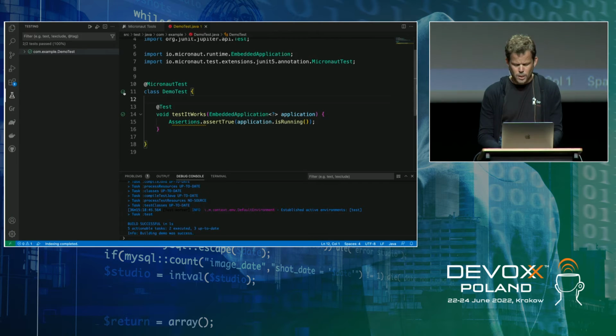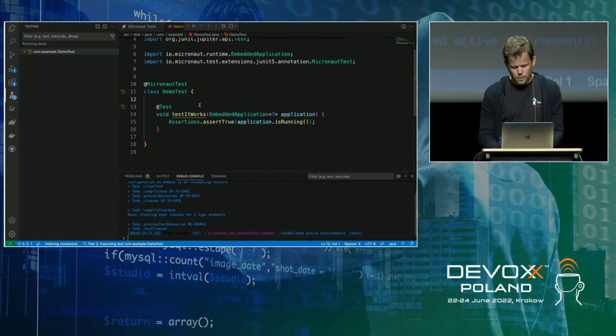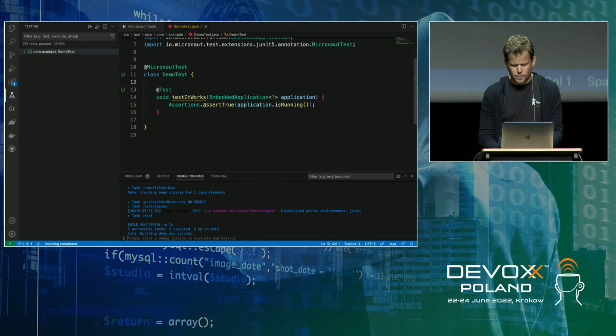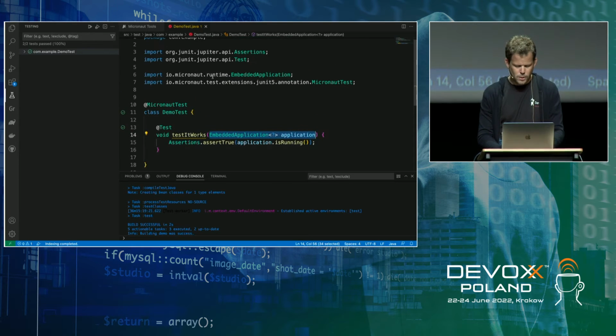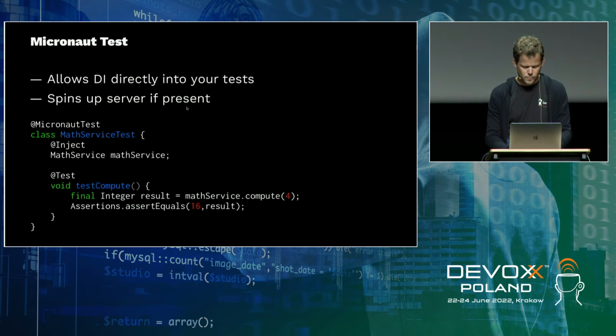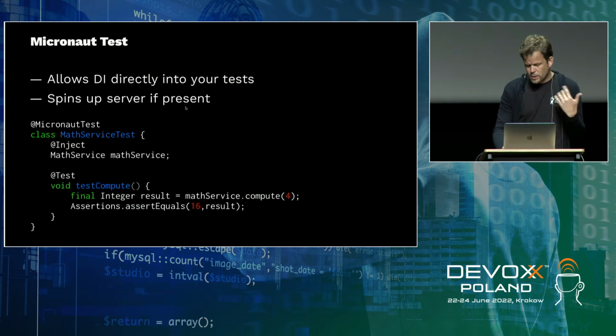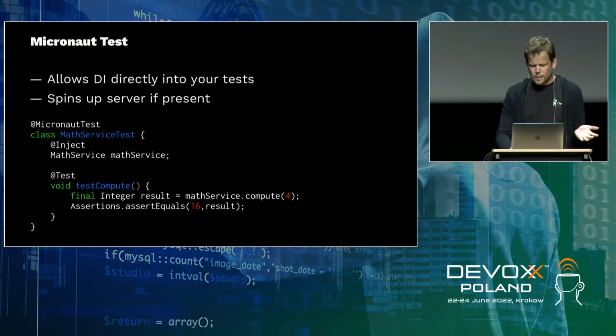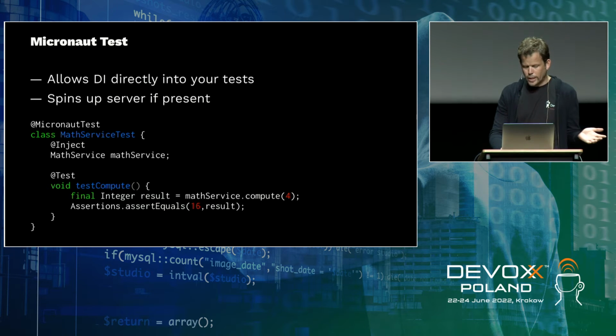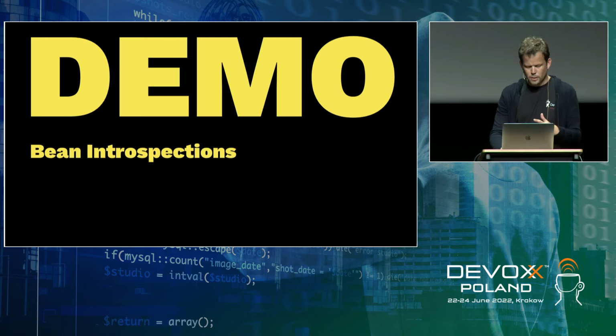That's one thing you can't actually do in Spock, in a JUnit 5 versus Spock comparison. But you can inject components of your application into the test parameters, which I think is a pretty cool advantage for JUnit 5. So yeah, it spins up the server, and it lets you interact directly with dependency injection.